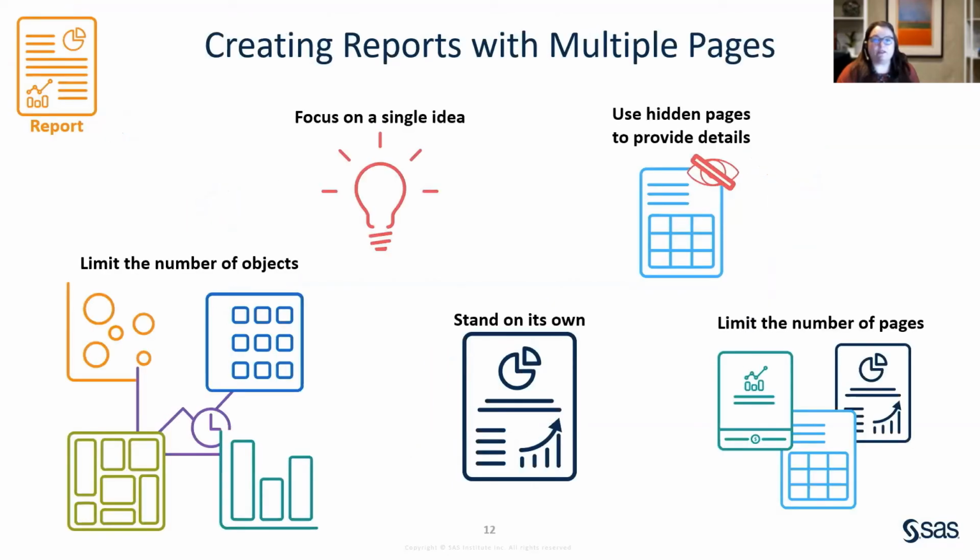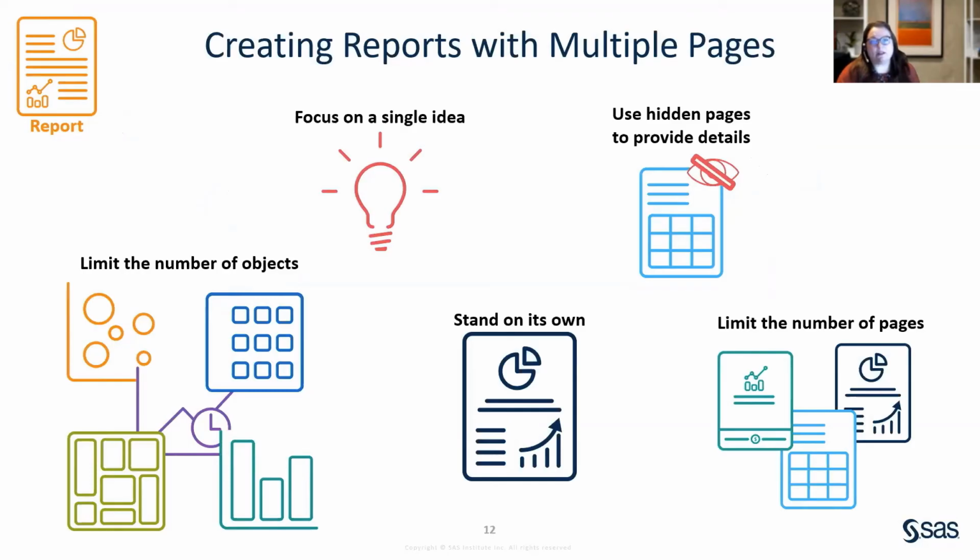Reports with multiple pages are very useful because it gives us a bit more real estate, so I don't want to crowd a page. I want to have my pages focus on a single idea and limit the number of objects. In the report itself, we want to limit the number of pages.